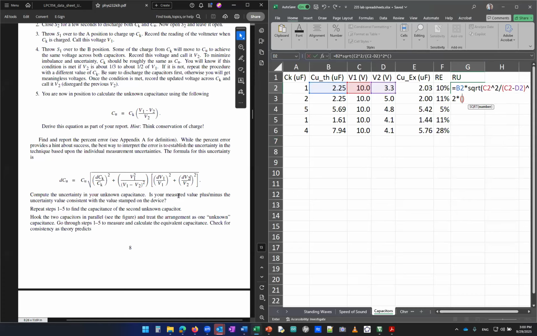So dV1 is 0.1 volt uncertainty over the V1 that was read as this. So that needs to be squared. And plus dV2 is also about 0.1 volts over the V2 that was read, and then squared. Okay, hopefully I have the right amount of parentheses. Okay, that ends here. I still need one for the square root to close. Okay.